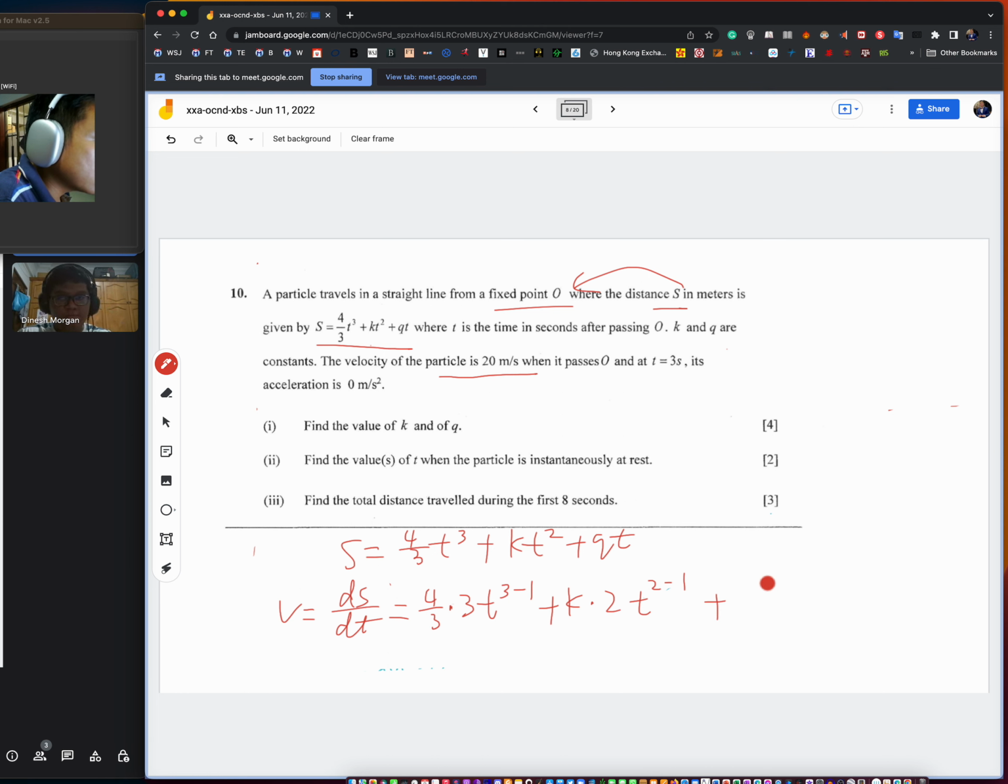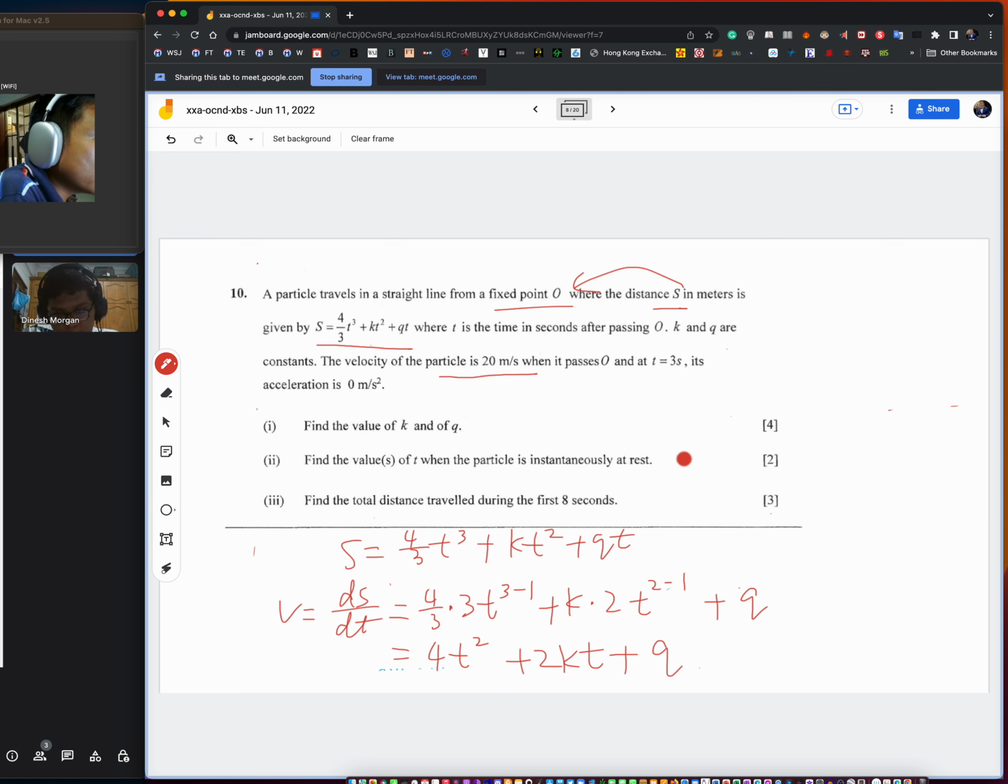Then for this one, bring the power to the front, which is 0. Basically this is Q. When you differentiate Qt, you get Q. So therefore you just get 4t squared plus 2kt plus Q. Okay, so far so good.